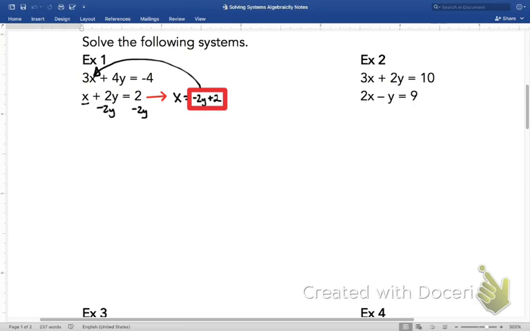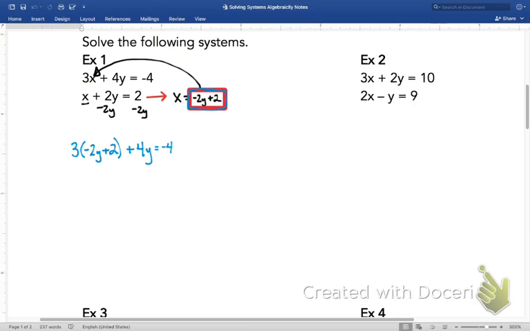Instead of x, I'm going to have 3 times negative 2y plus 2, plus 4y equals negative 4. All I did was change the x to what is in this box over here. It's the same equation, it just substitutes what I had.